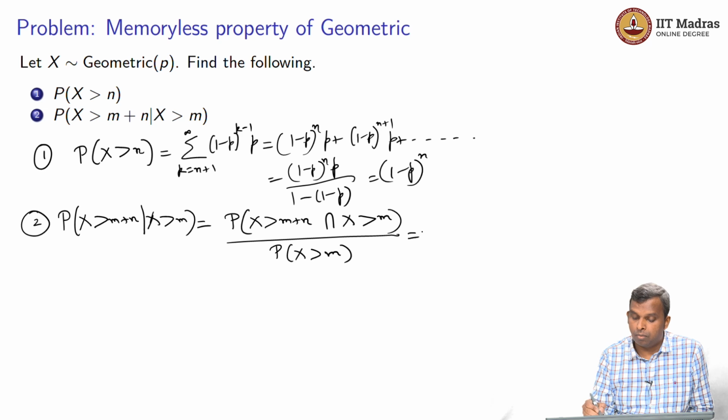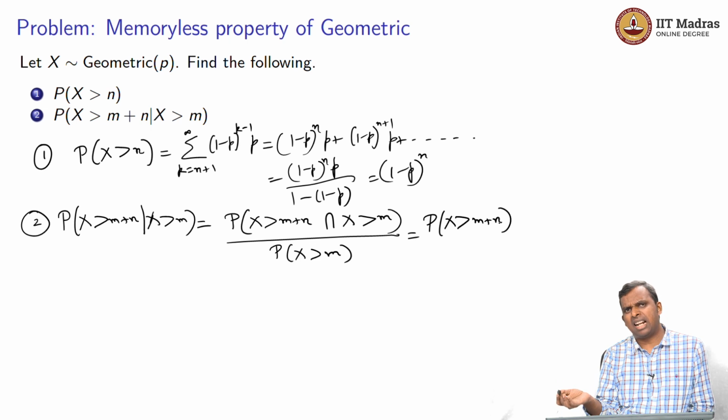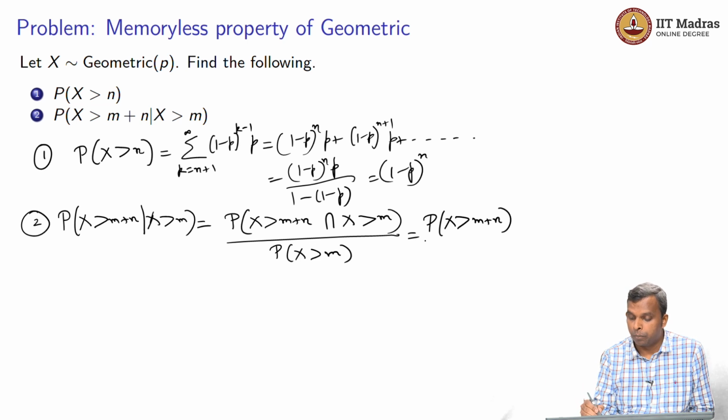What is x greater than m plus n intersect x greater than m? Both have to be satisfied, which means that is just x greater than m plus n, isn't it? If it's greater than m plus n, it's already greater than m, so you don't need the other condition. So you can see the intersection is actually the greater of the two, so x is greater than m plus n.